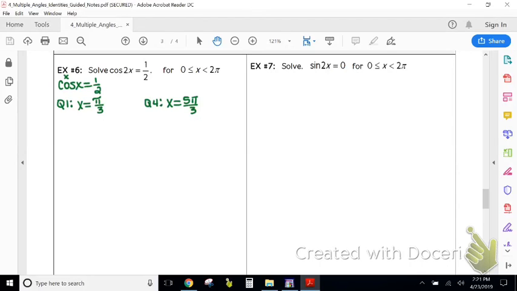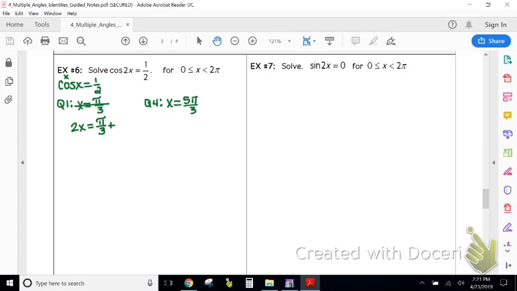But what's the difference between our problem that I wrote down there and what we actually had? Yeah, it was a 2x and not an x. So what we're going to do here is say that 2x then is going to be equal to pi over 3. And we're going to have to do a little work, so just go with me for right now. So we're going to put plus, what is the period of cosine?